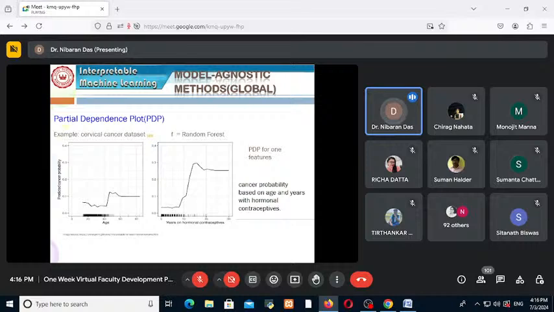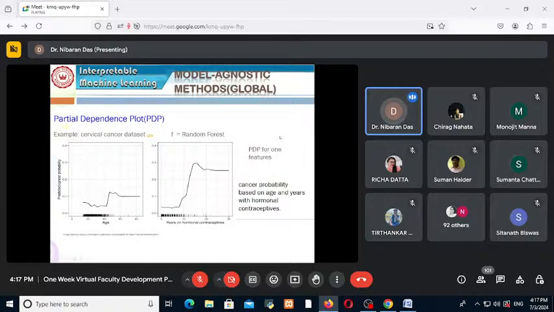It is actually not only the age feature; it is combining with other features, that is, jointly occurring features, and then you can predict. This is 0.1, which is very high. In the lower ages it is very low, but in higher ages, after 40, you may notice it is increasing. Here the model is a random forest, and this is the PD for one feature.